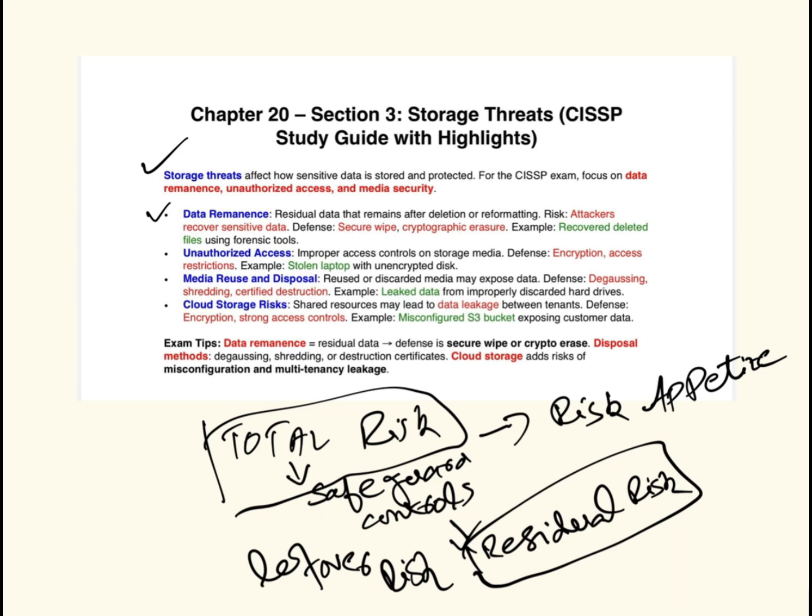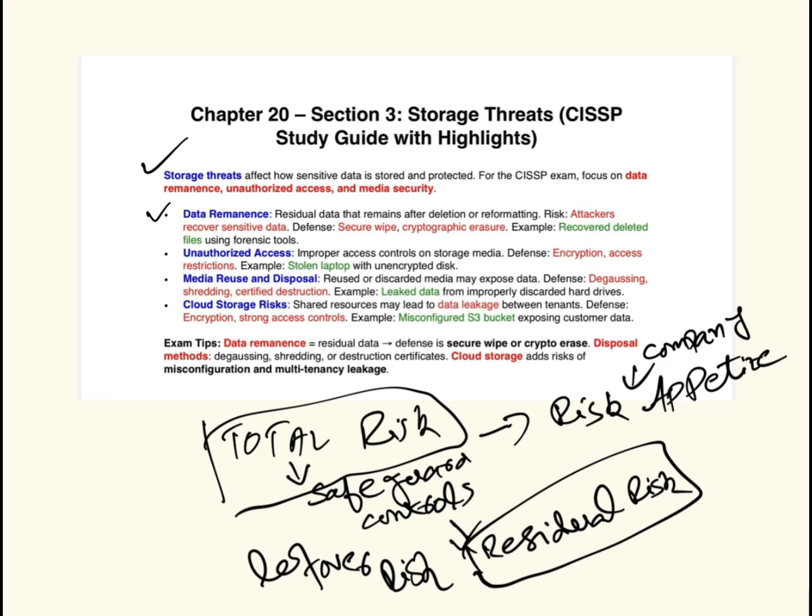Here the catch is, if we talk about total risk and risk appetite, this total risk is out of the company's risk appetite. The company appetite means, for instance, they can bear that much risk. If the total risk is out of risk appetite, then we always install different security controls.